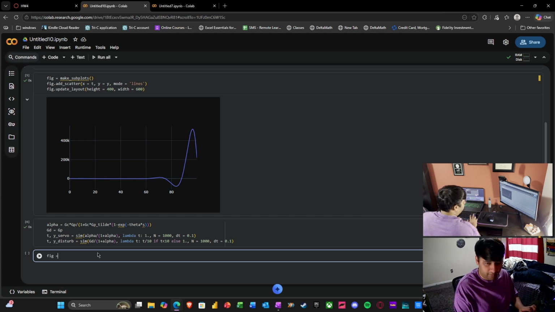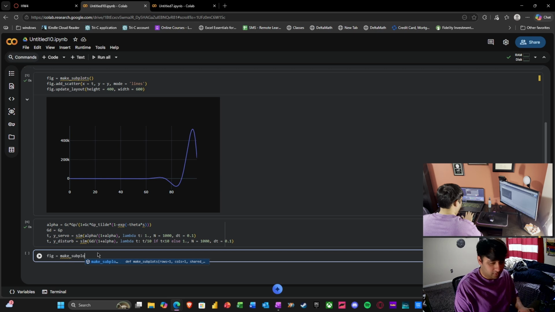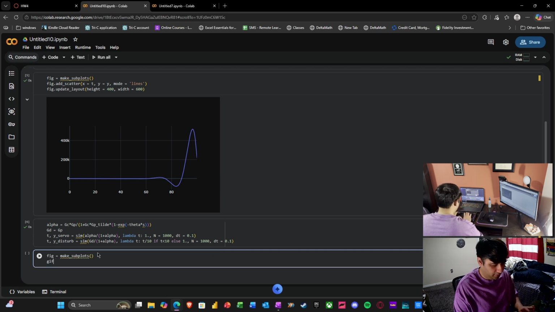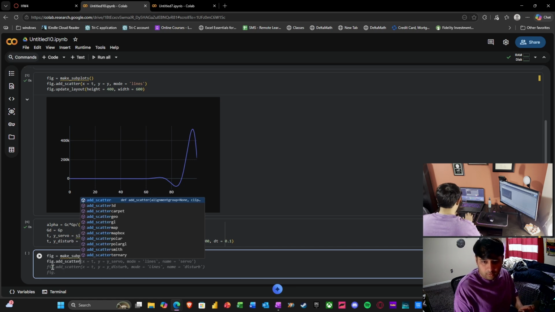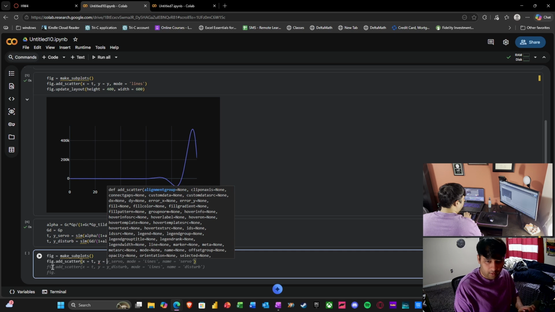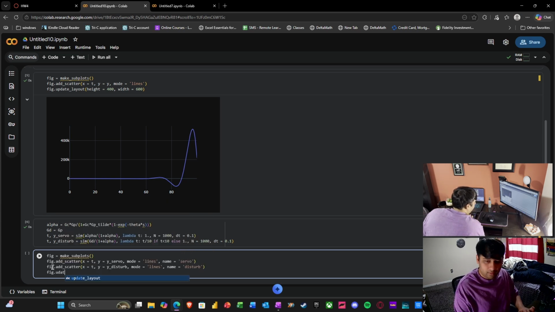There we go. And then fig equals make_subplots, and then fig.add_scatter, where x equals t, y equals y_servo, and then we're doing the same for disturb, so I did get that right.